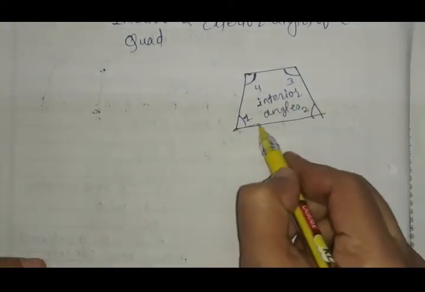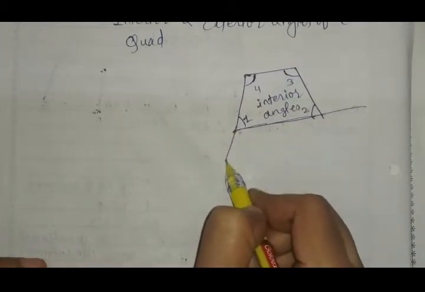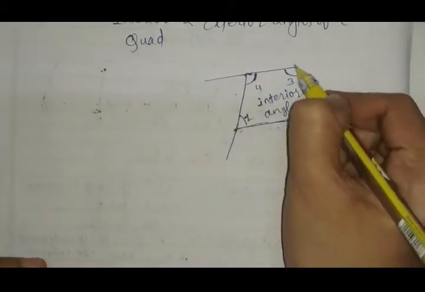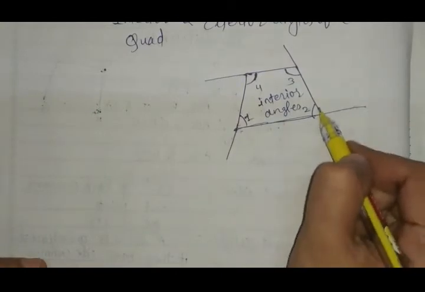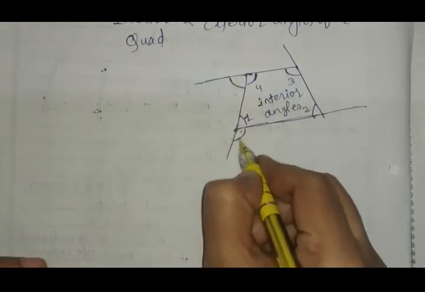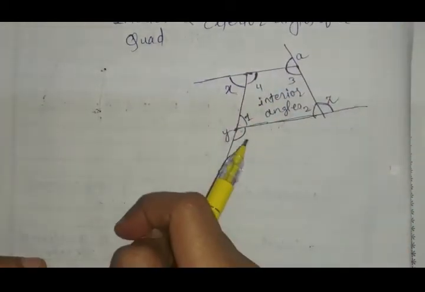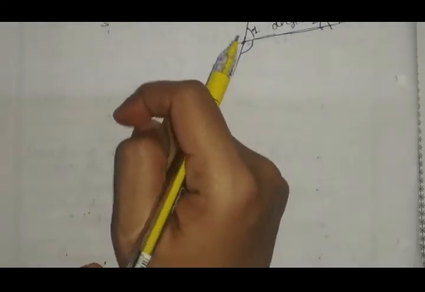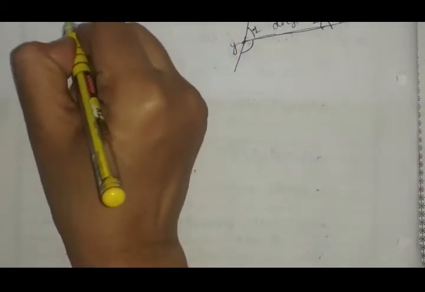But if we produce these sides in this order, by extending this side, this side, and this side, then the angles forming here are the exterior angles. Suppose you name them X, Y, Z, A. So these angles are exterior angles. We have the exterior angle sum property also.